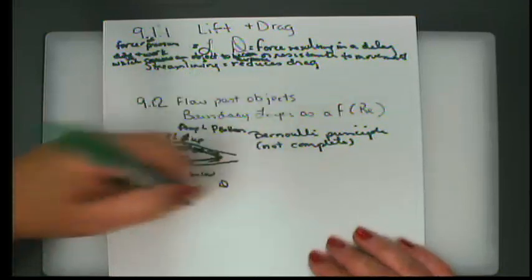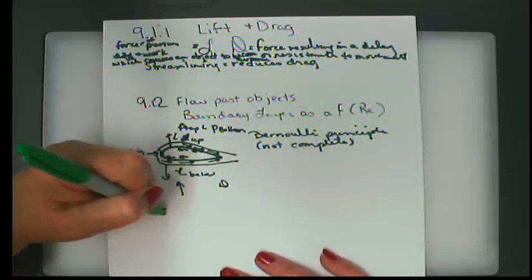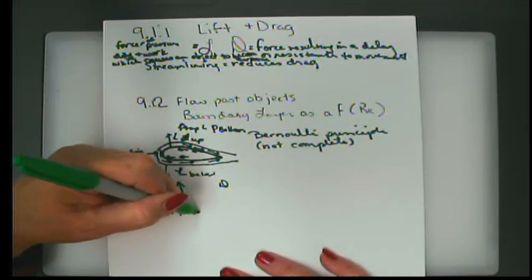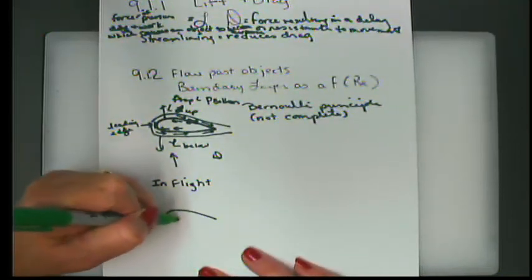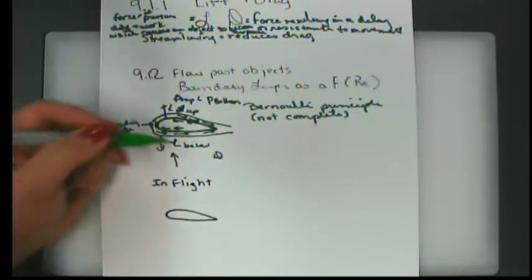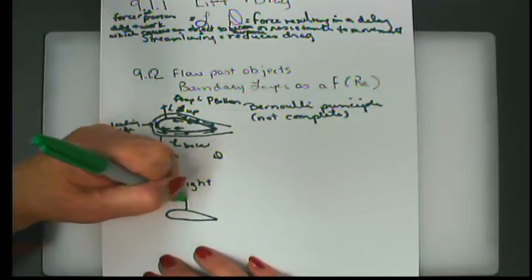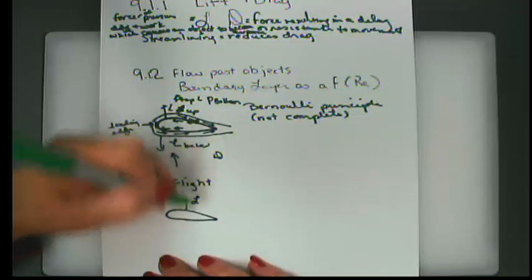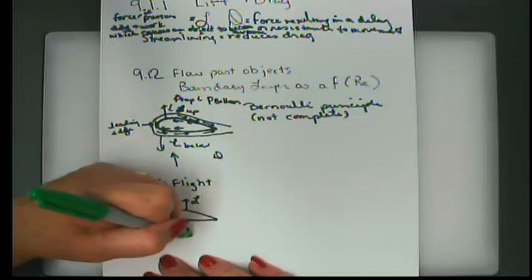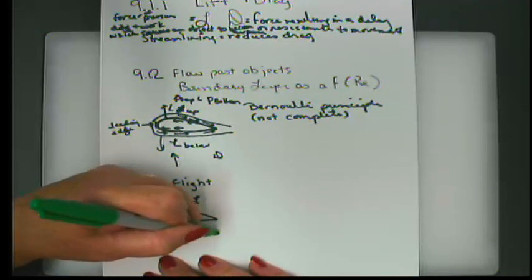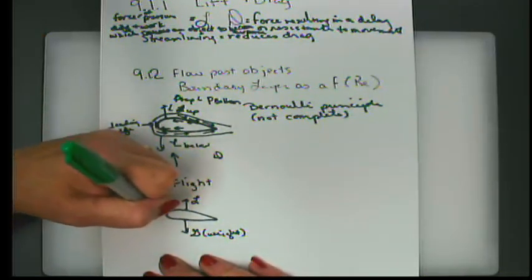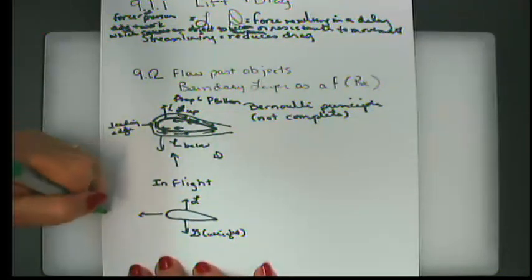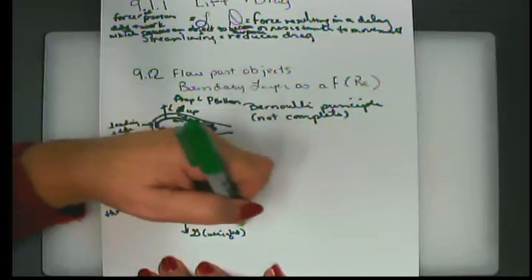So in flight, for example, there are 4 forces that are balanced. This would be in level flight. You have lift, balancing gravity or weight, and you have something moving the airplane forward, which is called thrust. That's what the engines are all about.